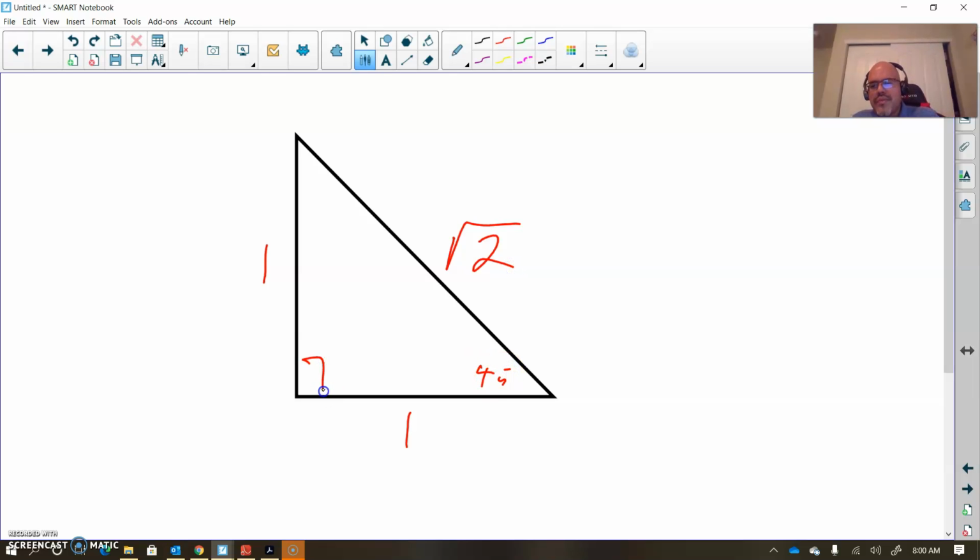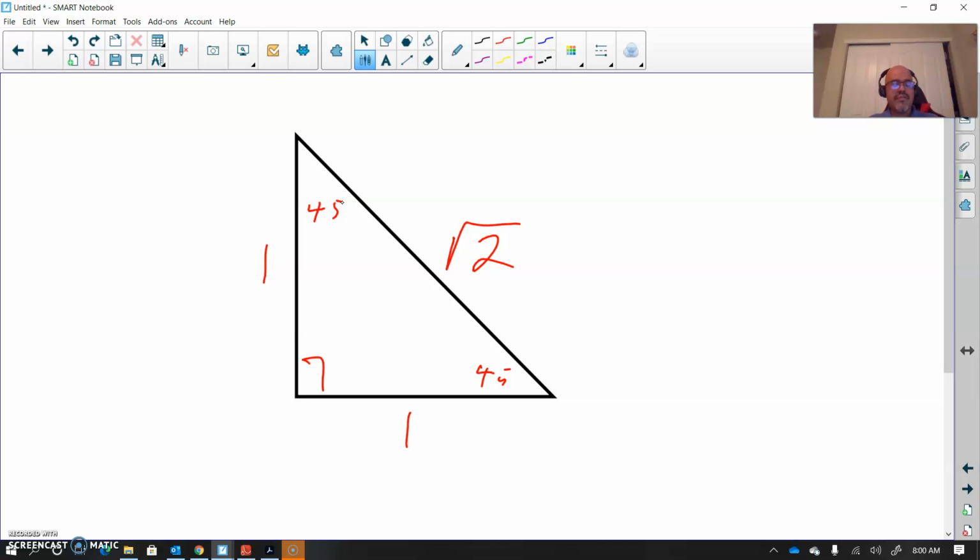Now remember our rules on similarity. We had SSS similarity, SAS similarity, and we also have angle similarity. So as long as we have two angles that are equal from one triangle to another, as long as we have two pairs that are equal to each other, we have similar triangles.